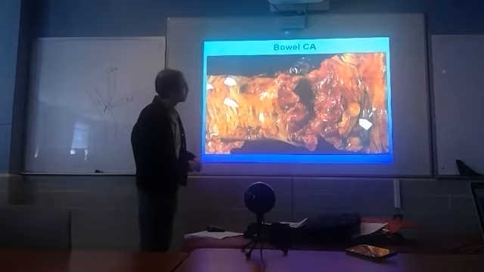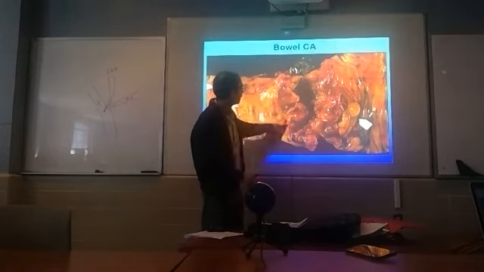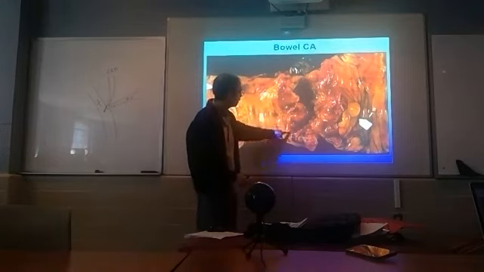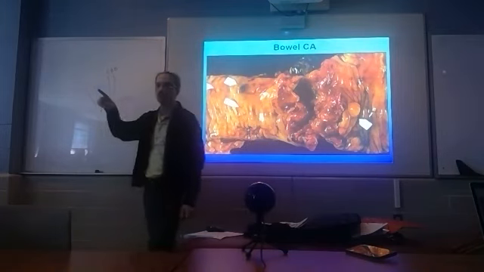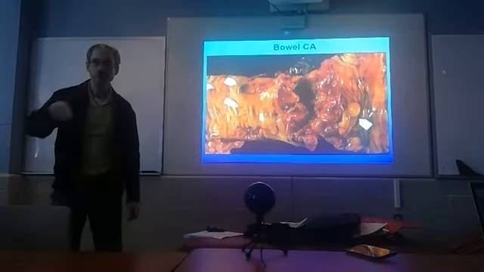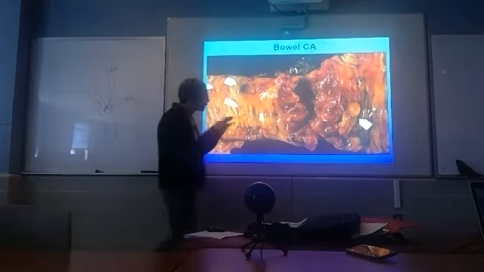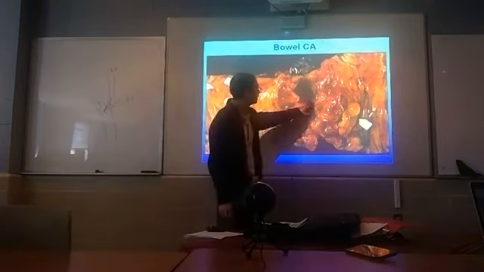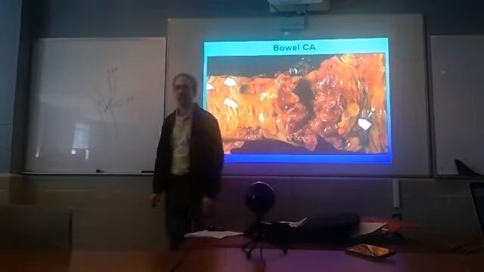Now, this ulcerative mass is growing in an annular pattern. It means it's growing all around the inner circumference of the bowel. As it grows, it's going to protrude into the lumen. You can see it's going to cause some obstruction, at least stenosis of this bowel.